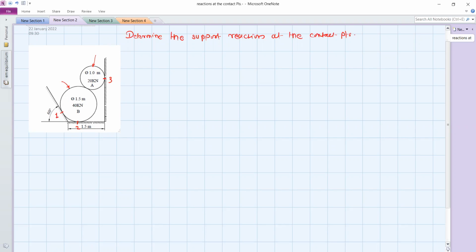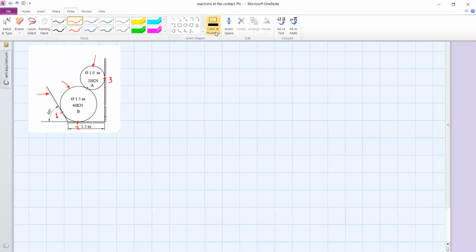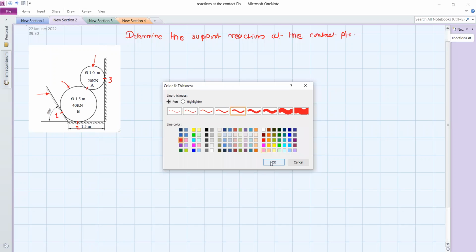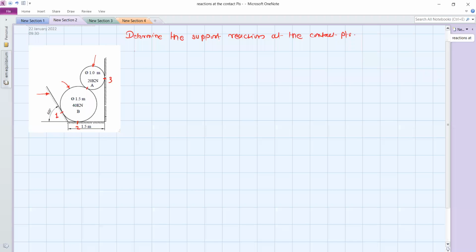These contact points are nothing but the supports given by this wall to the sphere, and there is one contact between sphere A and sphere B. So this is the common point for both the spheres. So here we have to find the reaction R1, reaction R2, reaction R3.